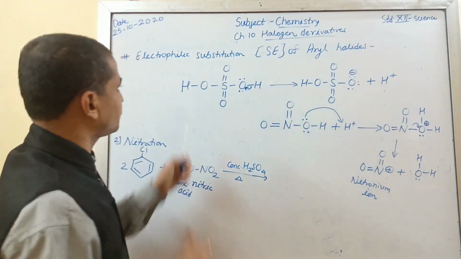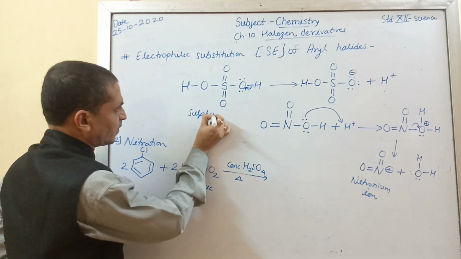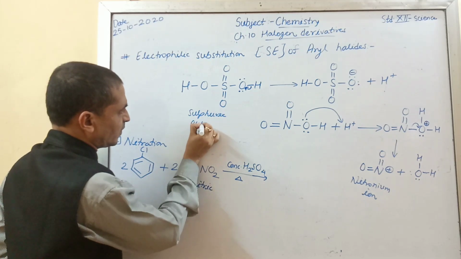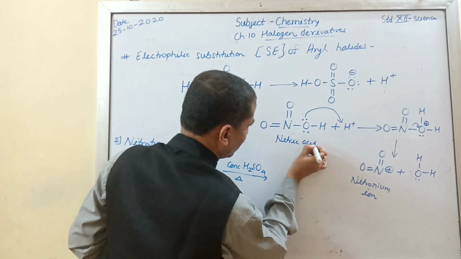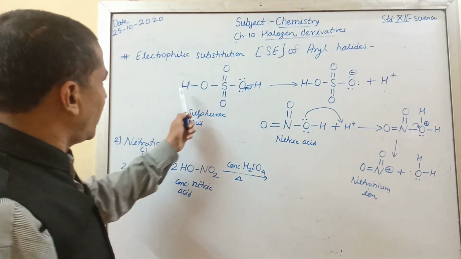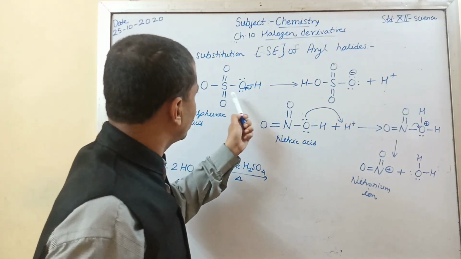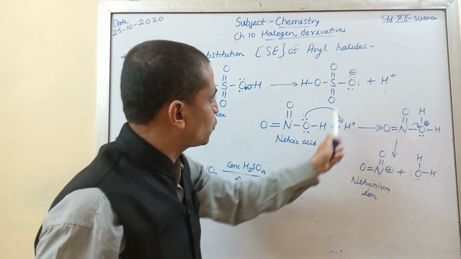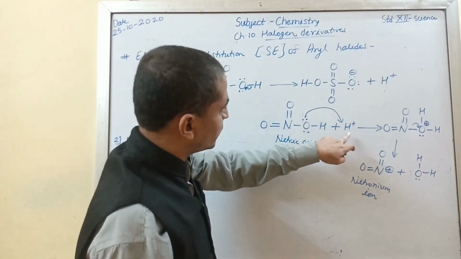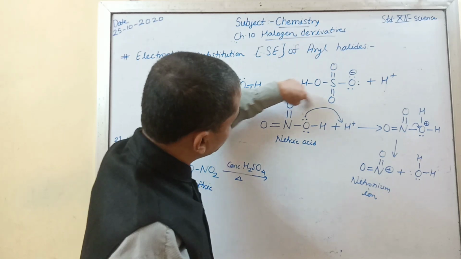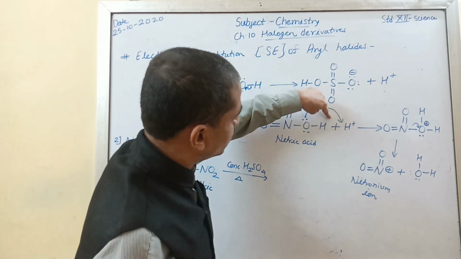Now see, it is sulfuric acid and it is nitric acid. H2SO4: first there is a formation of proton. This proton acts as what? Electrophile. And always remember, electrons go towards the electrophile.